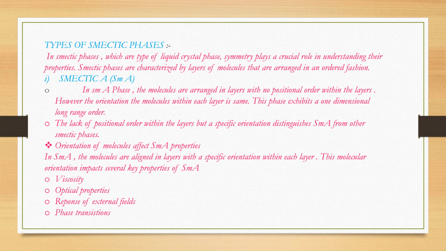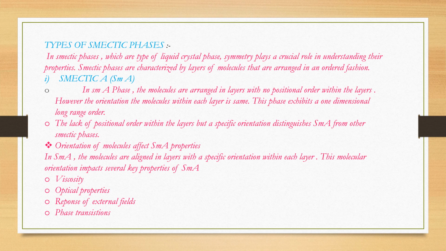The orientation of molecules in smectic A can impact its optical properties, such as birefringence, and its response to external fields. The orientation of molecules in smectic A makes it sensitive to external fields like electric and magnetic fields. Change in the molecular alignment due to these fields can alter the properties of smectic A, making it useful in various applications like displays and sensors.